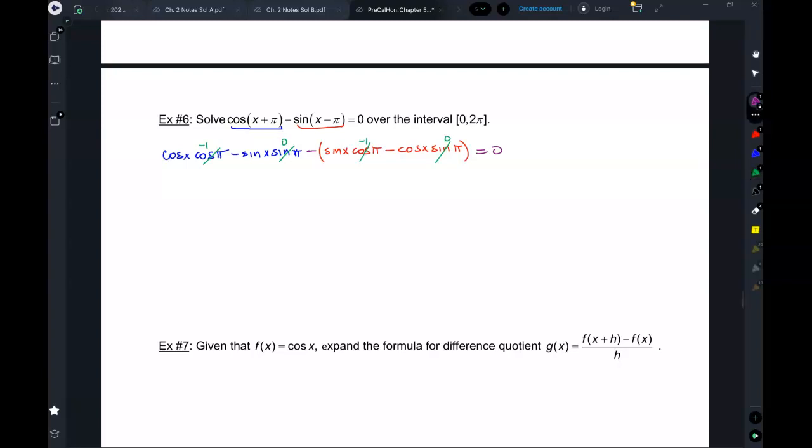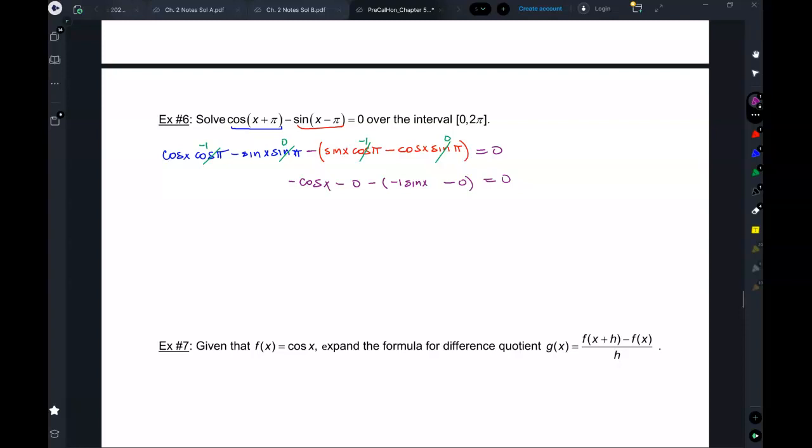So cosine of x times -1, that's negative cosine of x, minus 0, correct? Minus, in parentheses, -1 minus 0 equals, oh no, what did I mess up? -1 times sine x minus 0 equals 0.